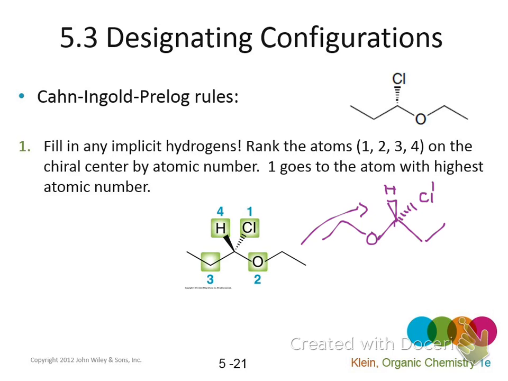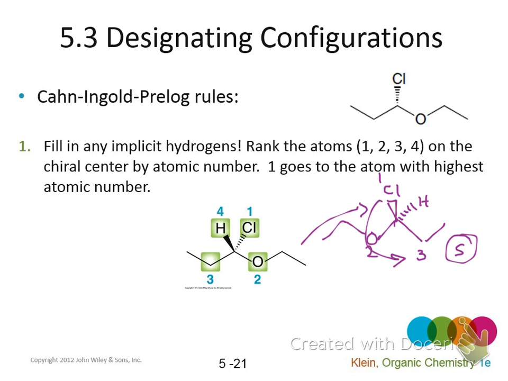So now I have 1, 2, 3. Well, what did I do? No, I had it right the first time. All right, stop me before I hurt myself. There's a Cl here and an H here. So now I have 4 in the back. This is 1, this is 2, and this is 3, so it's going this way. So it's what? S.